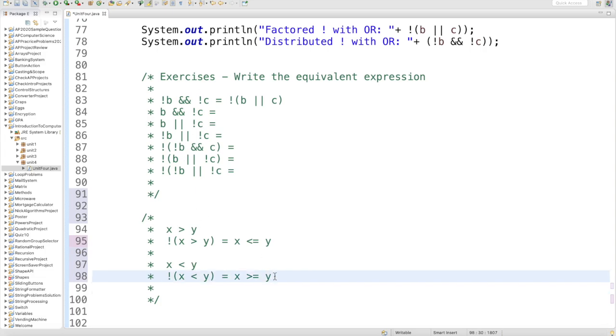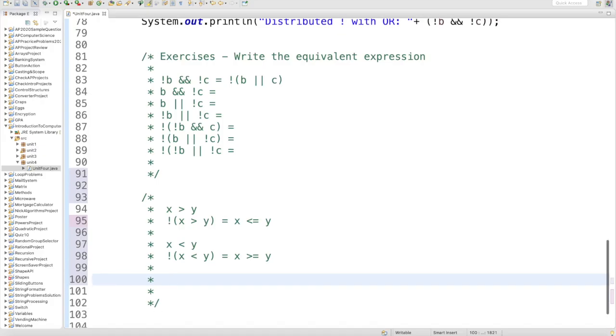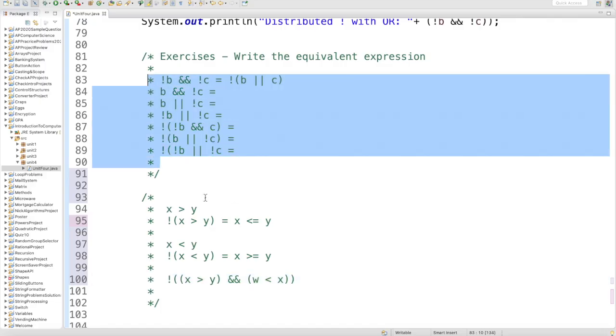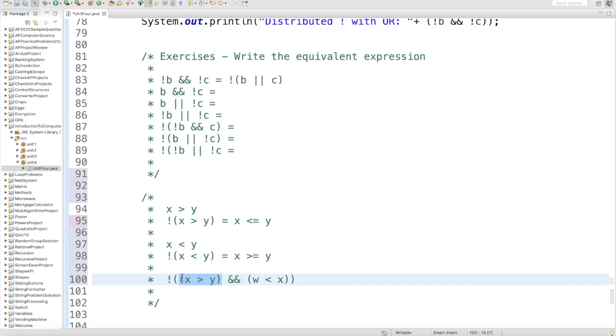So don't confuse this guy with these. So here we go. X is greater than Y and W is less than X. See? And now we're doing a not. That's what these look like. This whole statement is B, and this whole statement is C. If I ask to write the equivalent for that one now, we want to distribute.